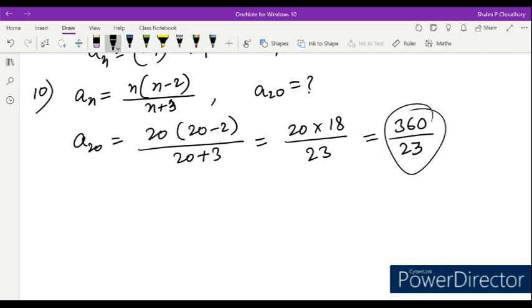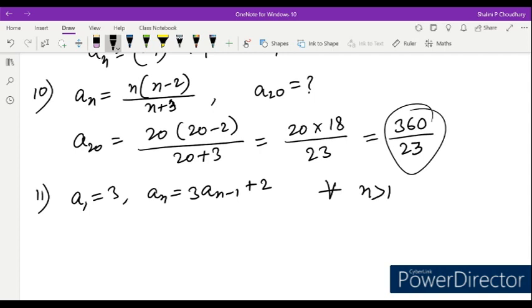Now next question, question number 11, we have to find out the first 5 terms of each sequence. Like a1 is given as 3, an is given as 3 into an minus 1 plus 2, for all n greater than 1.